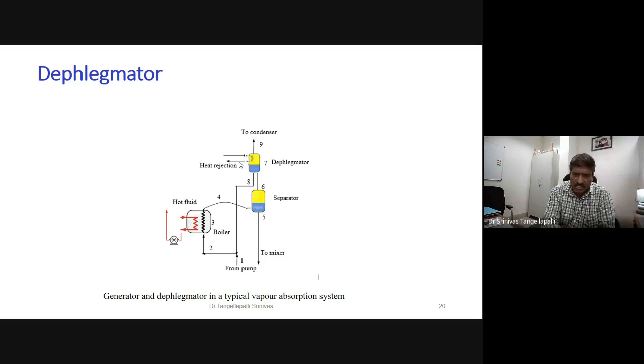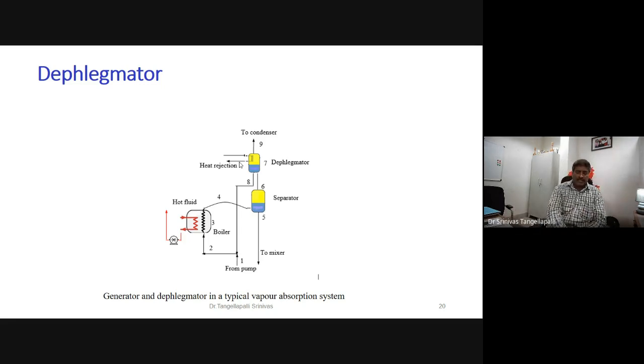Now our focus is how this dephlegmator is working. By rejecting heat, the concentration is increasing from 6 to 9. So this highly concentrated vapor you can condense, throttle and send to the evaporator, where you can generate more cooling effect compared to without the dephlegmator.